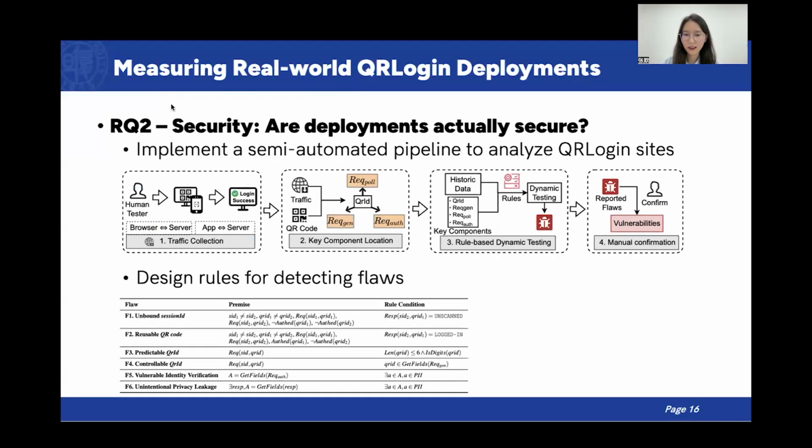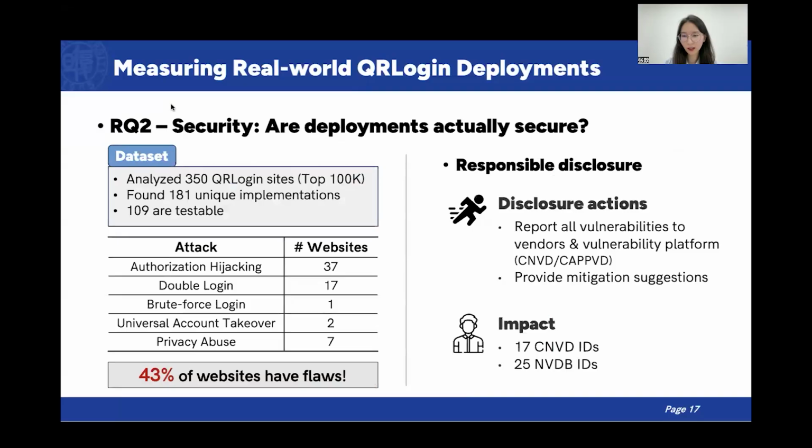Next, are these real-world QRLogin systems secure? To answer this, we built a semi-automated testing pipeline. It captures traffic, analyzes behavior, and checks for the flaws we identified before. Using this pipeline, we analyzed 109 testable QRLogin websites.